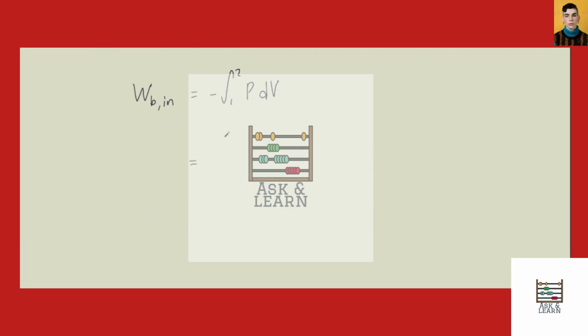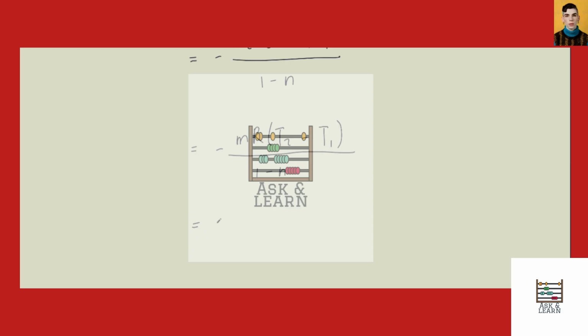And for a polytropic process, that's minus P2 V2 minus P1 V1 over 1 minus N. And this is equal to minus, so we can write PV as MRT. So MR into T2 minus T1. So we just change the numerator. That's over 1 minus N.